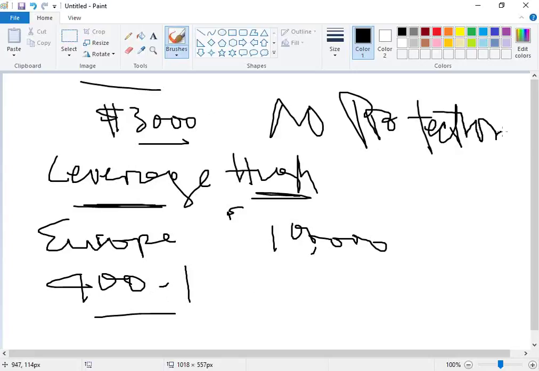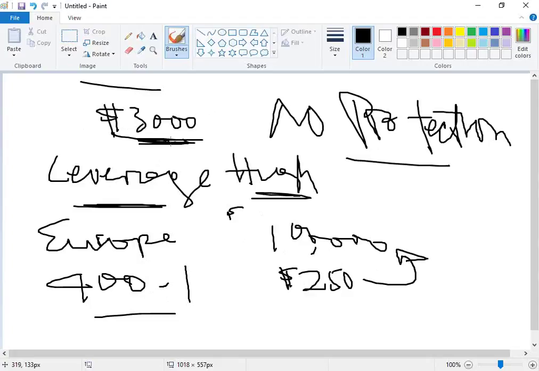So try to find a company that's been around for a long time. 400 to 1 means that all you need is a $250 deposit to secure that position. And with a $3,000 account, you've got plenty of staying power, you've got plenty of liquidity, and you can also trade other positions as well because you have a sufficient amount of capital. You have a large amount of leveraging.